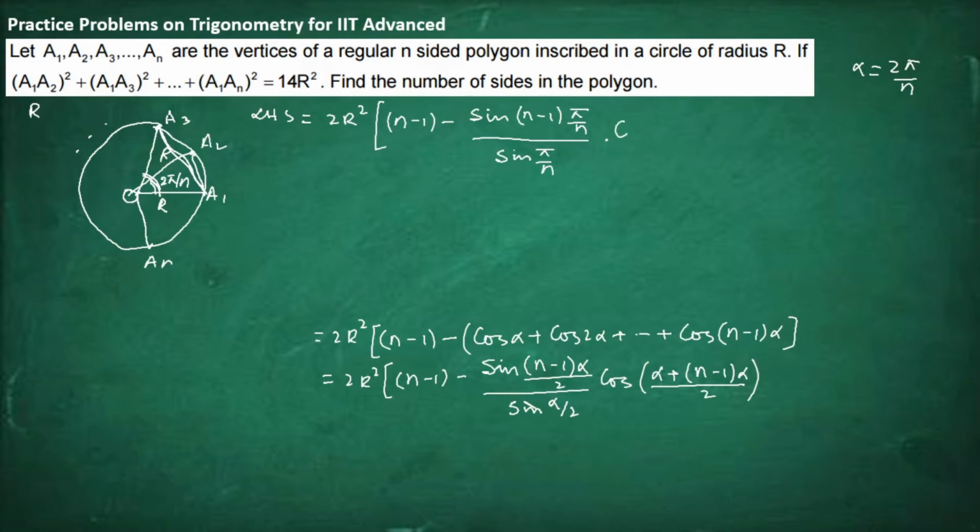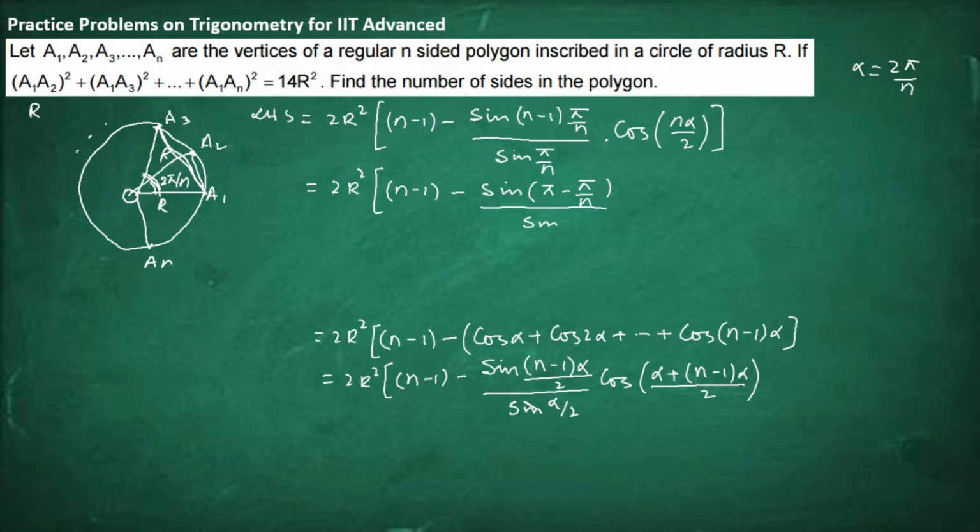That equals 2R square into n minus 1 minus sine (pi minus pi by n) divided by sine pi by n, into cos of n alpha by 2, which is nothing but pi.